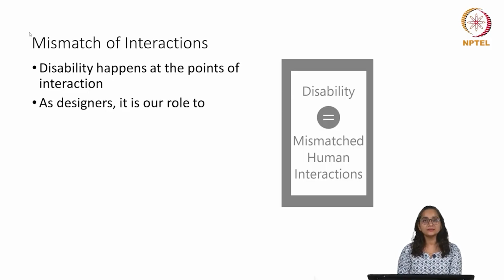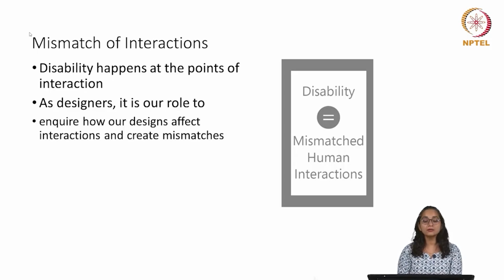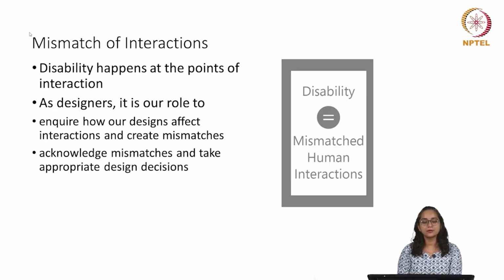As designers, it is our role to understand those aspects of mismatch and inquire how our design affects interactions and creates mismatches. We have to acknowledge mismatches and take appropriate design decisions so that a minimal number of mismatches, or no mismatches, really happen.